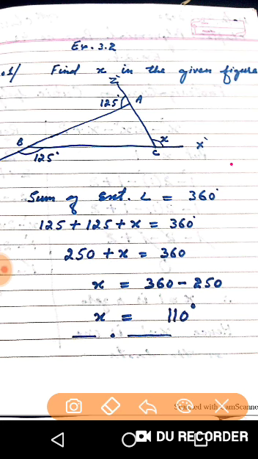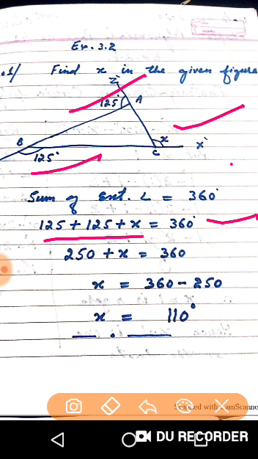So we have a triangle ABC and its exterior angles are 125, 125, and angle x is missing and we are asked to find it. So the sum of exterior angles is equal to 360. So you write 125 plus 125 plus x equals 360. You add them, 250 plus x is equal to 360. You transpose it, so the value of x is 110.